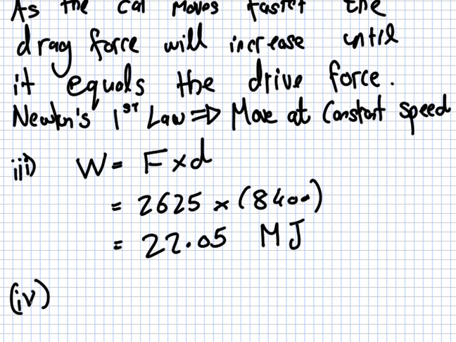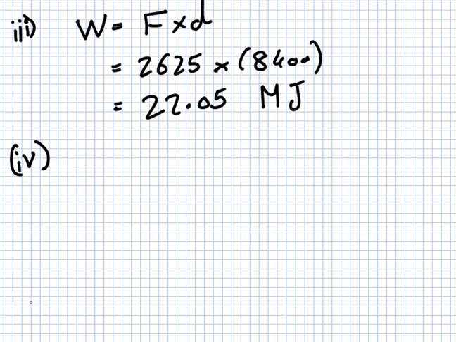If I go down to the last part now. The last part is a bit about efficiency. It says the fuel of the car is 32 megajoules per litre. In your home country, you all use litres when you fill up your car, right?